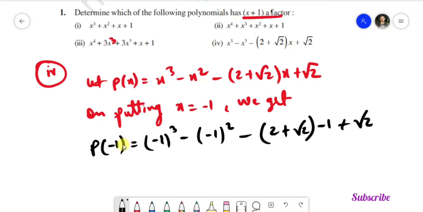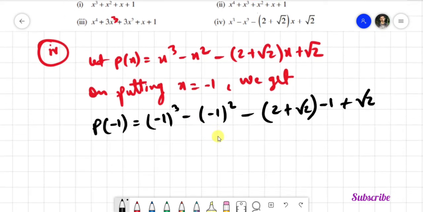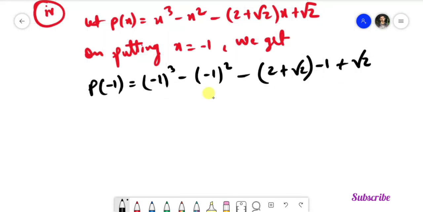I hope this was easy for you. As we can see, minus cube, so we can write minus 1 again, and minus 1 square means 1.